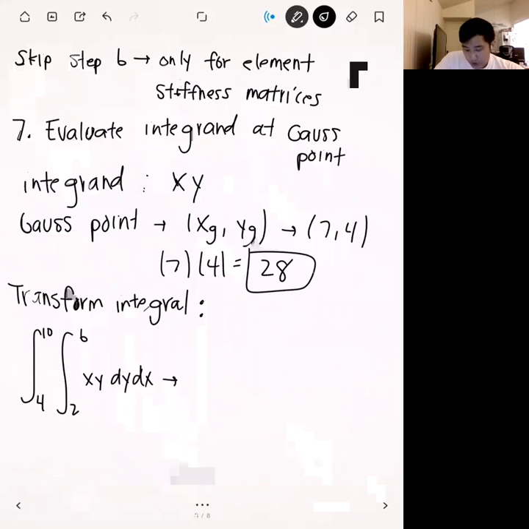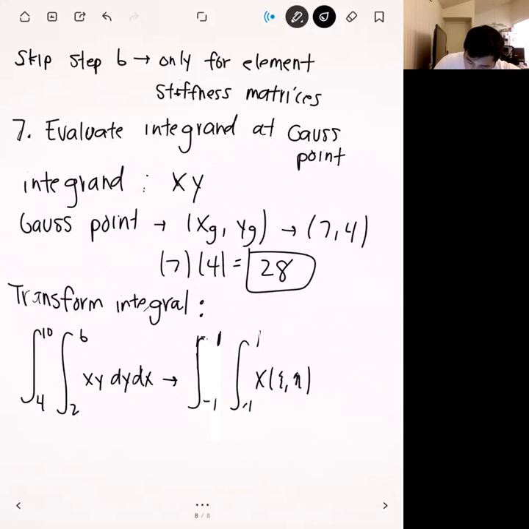This is going to be transformed into the integral from -1 to 1 of x of xi and eta times y of xi and eta, times the determinant of our Jacobian, times d xi d eta. And then instead of evaluating this integral, we can use Gauss quadrature.